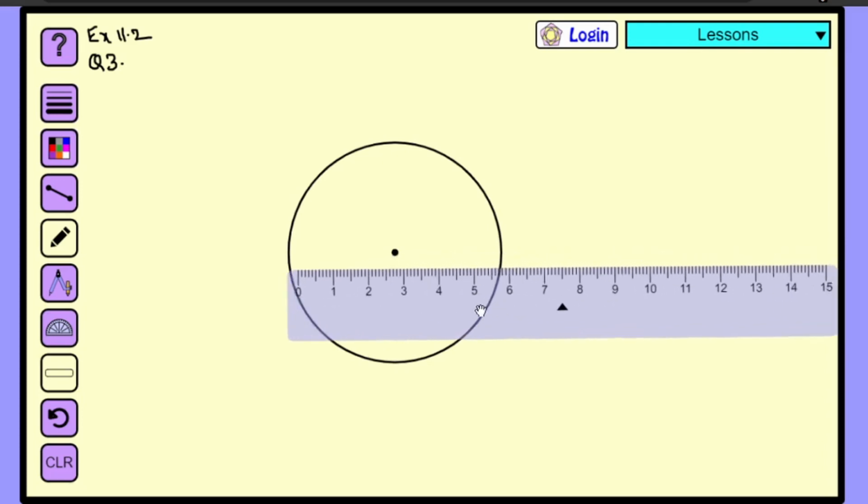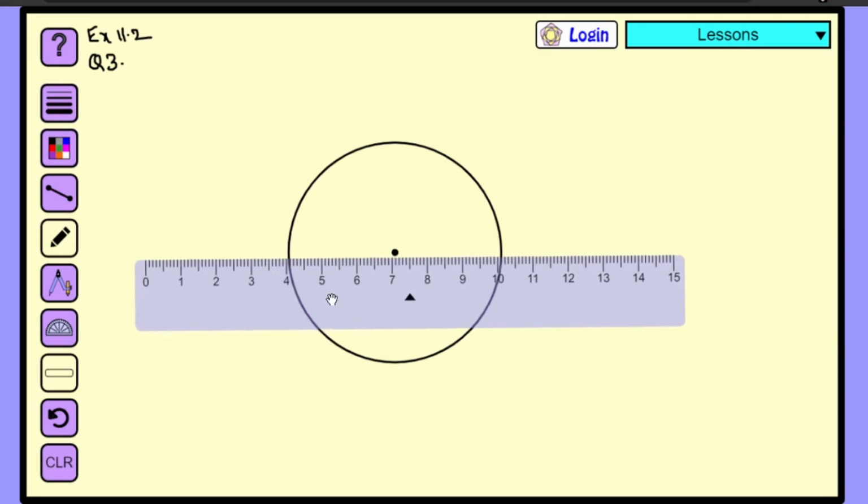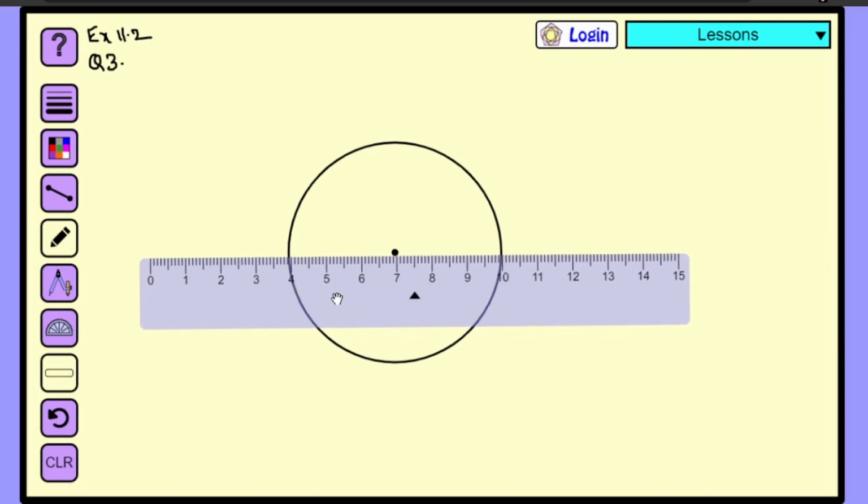From here to here, this side I'm taking 7 centimeters and that side 7 centimeters. So I am joining from here to here. This is 7 centimeters, 1, 2, 3, 4, 5, 6, 7 centimeters. That is, up to 14 centimeters I draw a line. Got it?